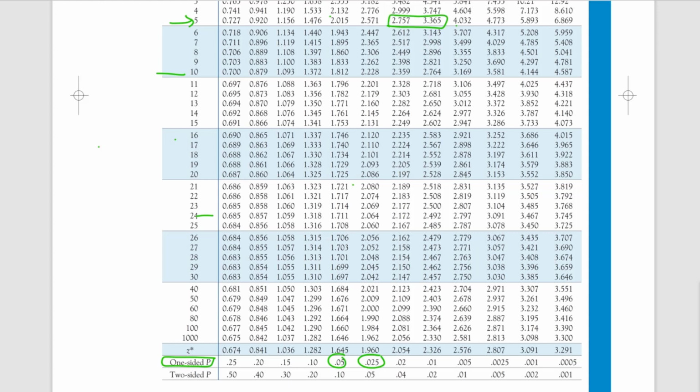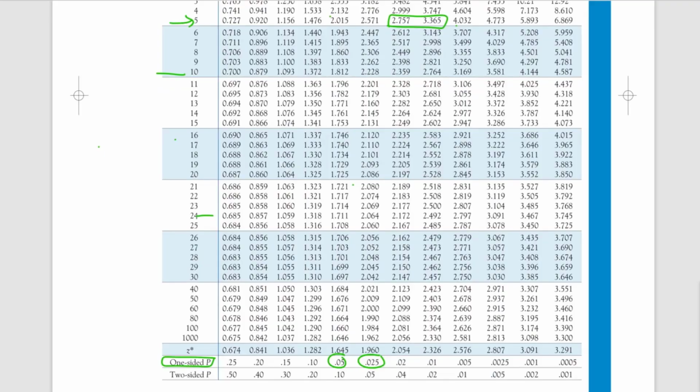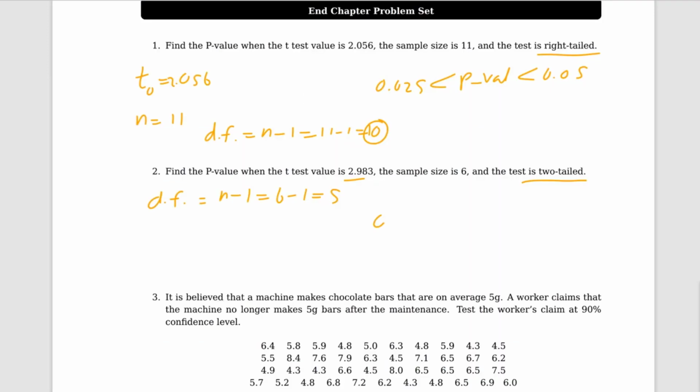Once you decide that part, we need to check the alternative hypothesis. So the test is two-tailed. Yes, therefore go down here, and this is the two-tailed. Therefore 0.02 and 0.04. The p-value is greater than 0.02 and less than 0.04. Got it?